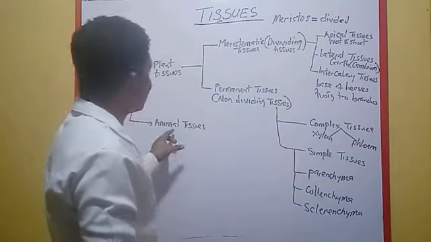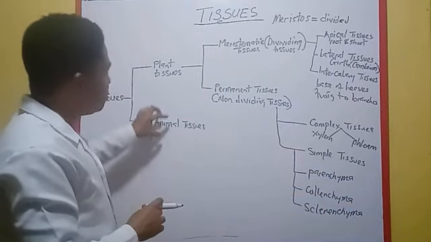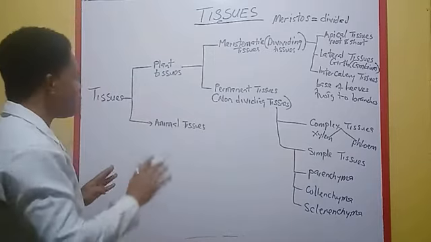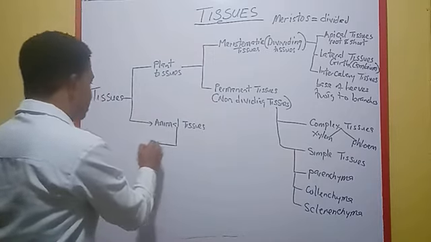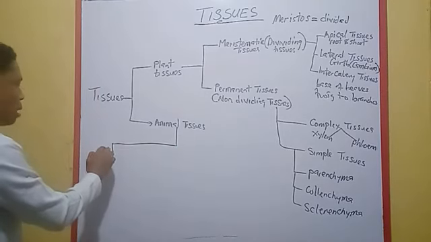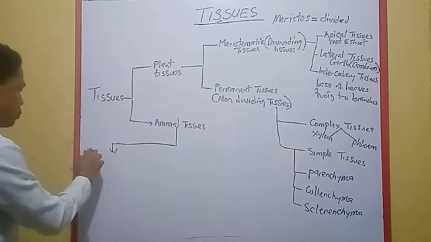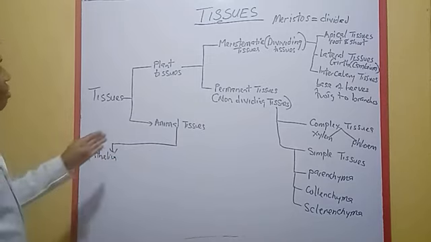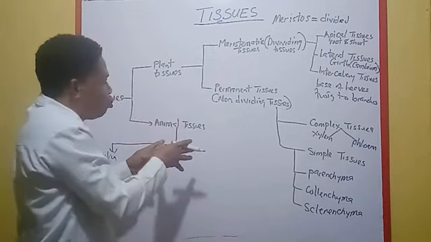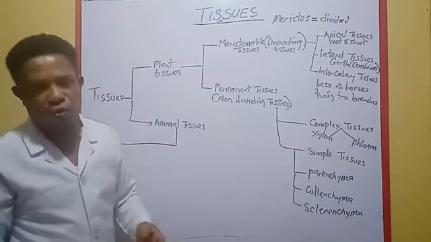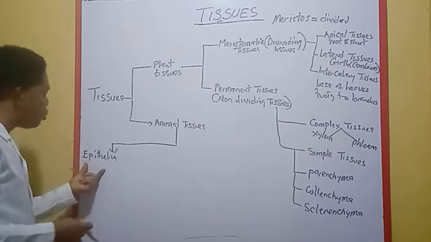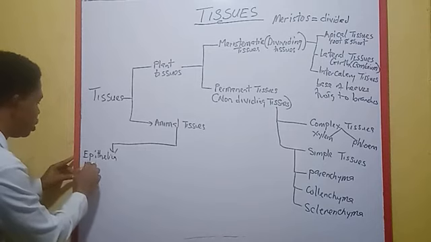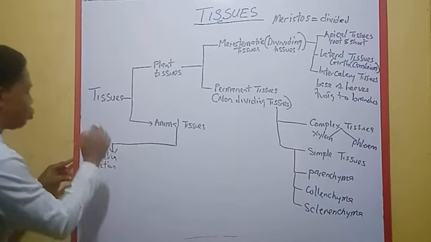Now the animal tissues are divided into four. There are four basic animal tissues, and this classification is based on their function. Number one, we have the epithelial tissue, which performs the function of protection.